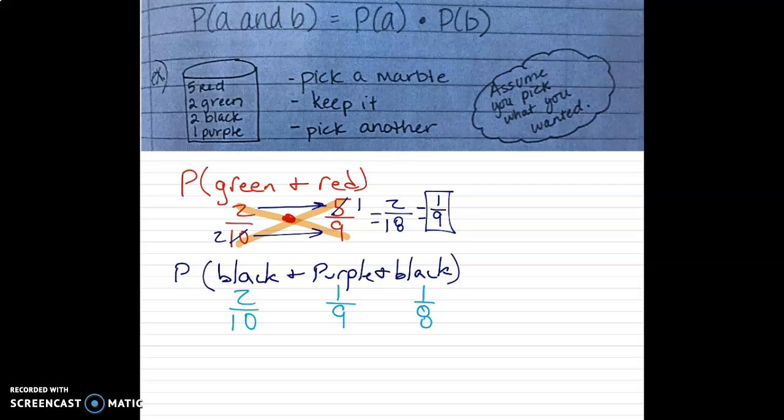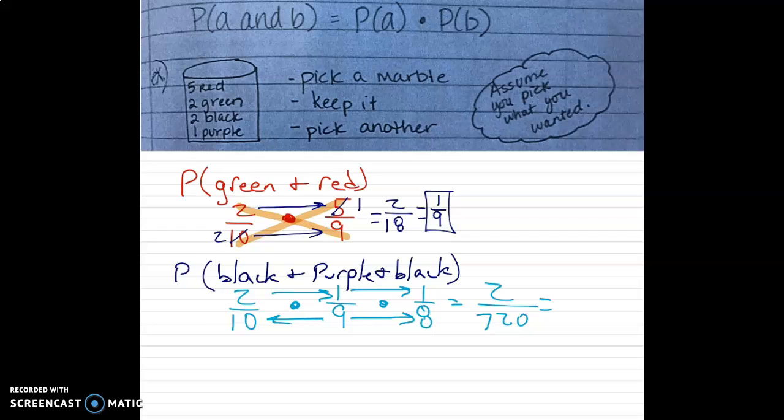Now we're just going to multiply straight across. Nice easy numbers. 2 times 1 is 2, times 1 is 2. And then let's do 9 times 8, which is 72. And then 72 times 10, 720.